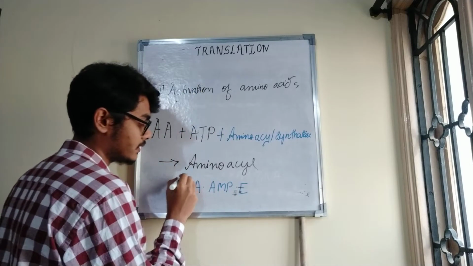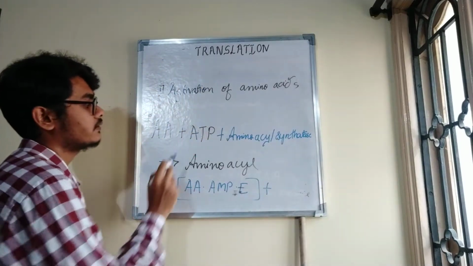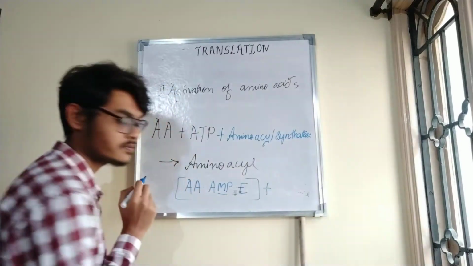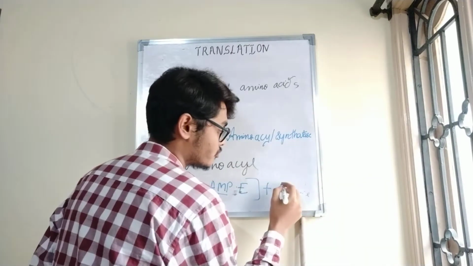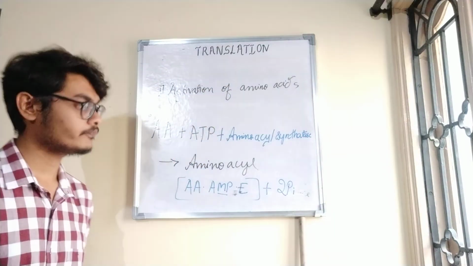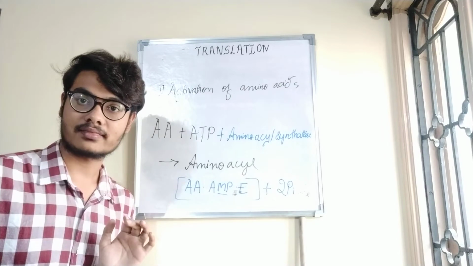The complex is written like this. Plus, you know that ATP has 3 phosphate groups, but here monophosphate is there, so 2 more phosphate groups are there. So inorganic phosphates are released. So this is all about activation of amino acids.